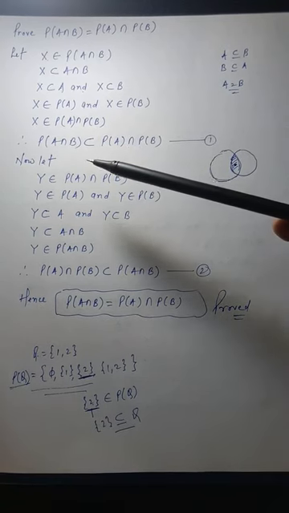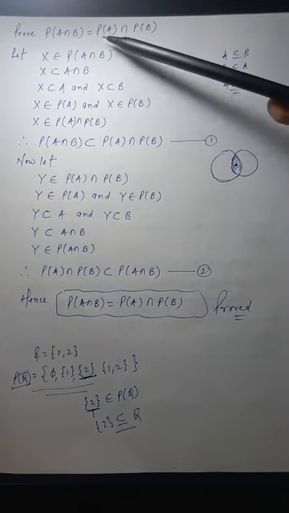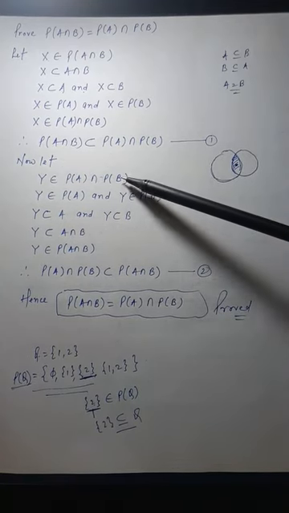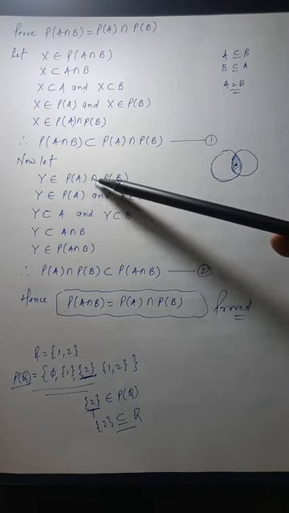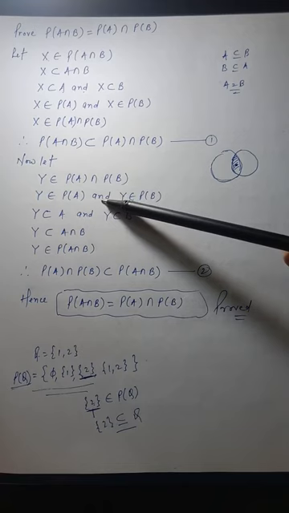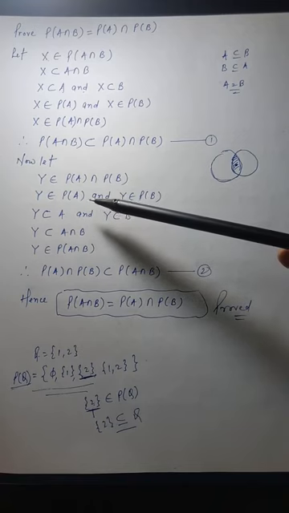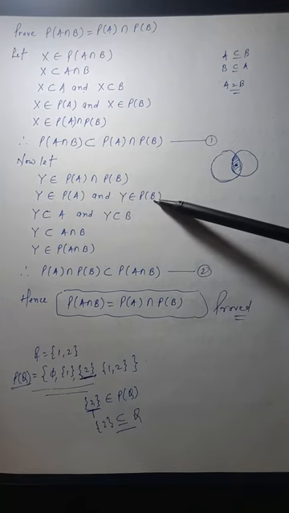Now for the second portion, assume that there is a Y which belongs to P of A intersection P of B. If this Y belongs to P of A intersection P of B, this is intersection, so we can write Y belongs to P of A and, because intersection means and, Y belongs to P of B also.